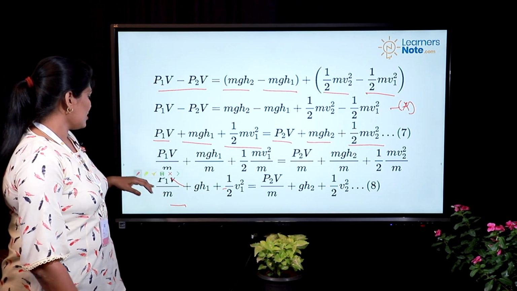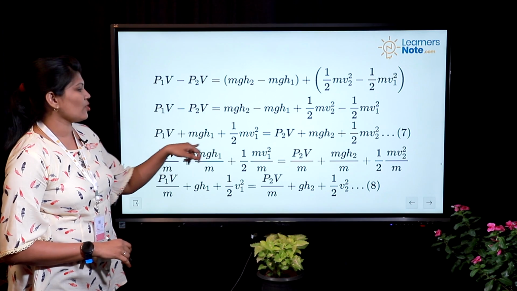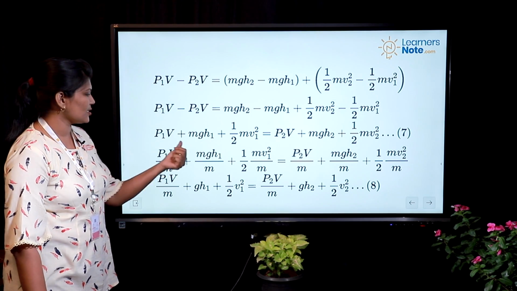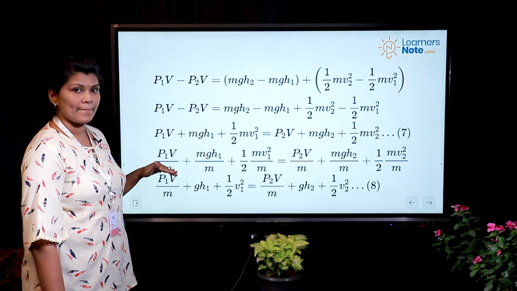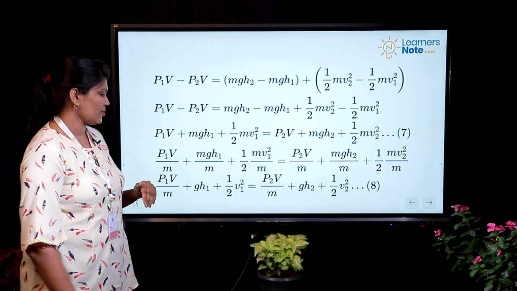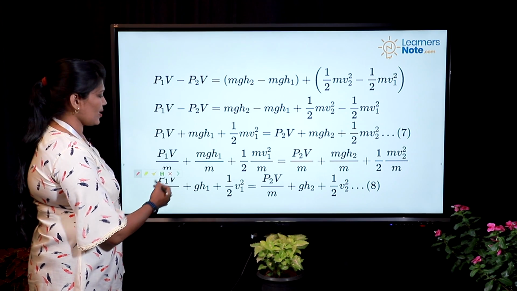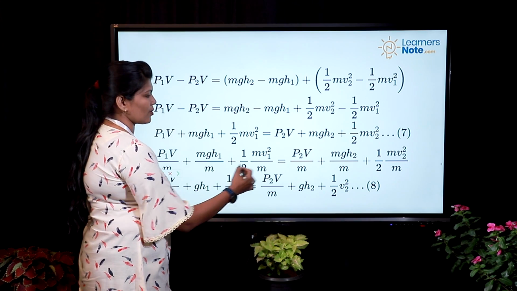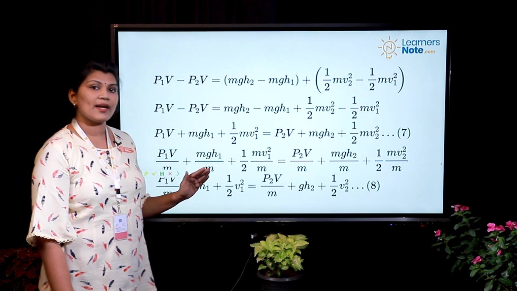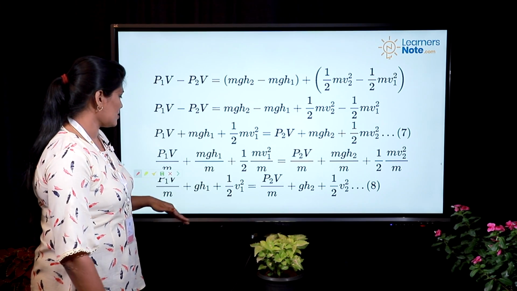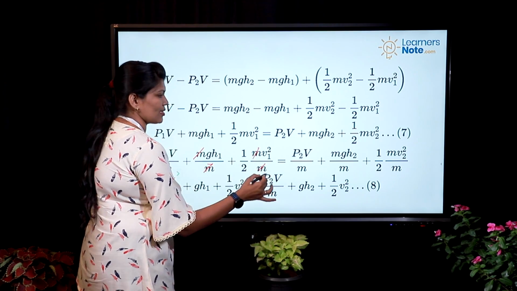Then divide each term of this equation, on the left and right side, by m, where m is the mass. So the equation will become like this. It will appear in all the terms. Then cancel any common terms; here these m's are cancelled.